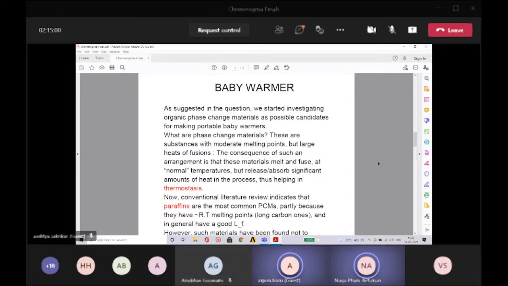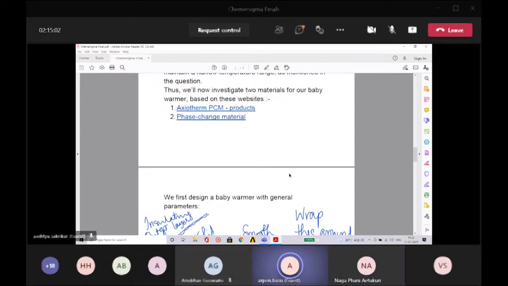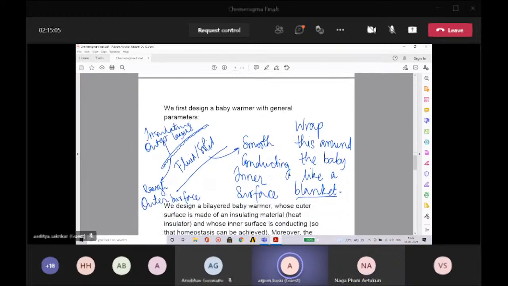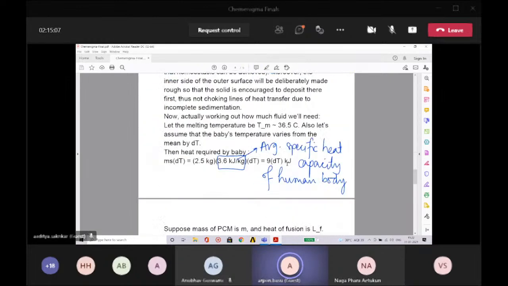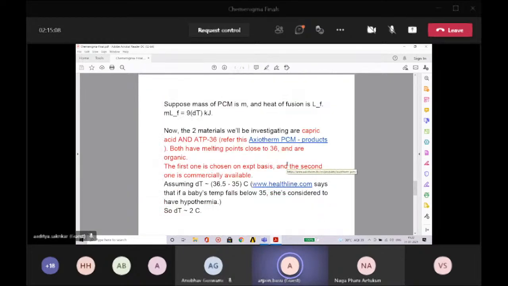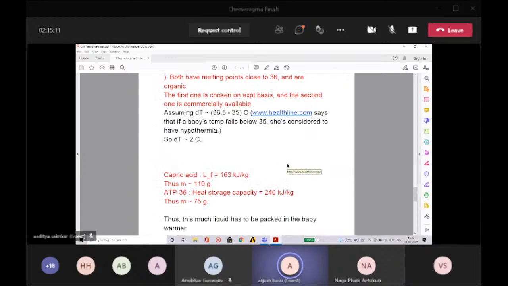You see that the latent heat of fusion of capric acid, I think, is 163 kilojoule per kilogram, and for ATP 36, I think, it is 240 kilojoule per kilogram. These are quite large values. So coping with sudden temperature changes is unlikely to be a problem, because these liquids possess a certain amount of inertia with respect to sudden temperature changes.